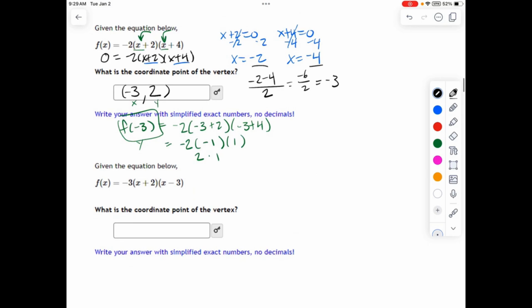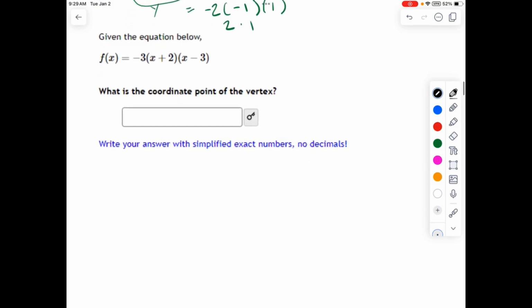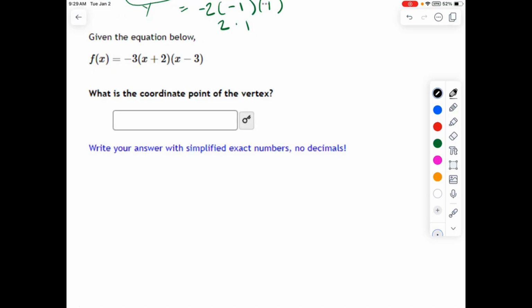Okay? Now the only way this process might change is maybe a little bit for this one. If you set, right, each parenthesis to 0, because when you find the x-intercepts, you set y to 0, so we have 0 equals all that. So then we get x equals negative 2 and positive 3 as your solutions.